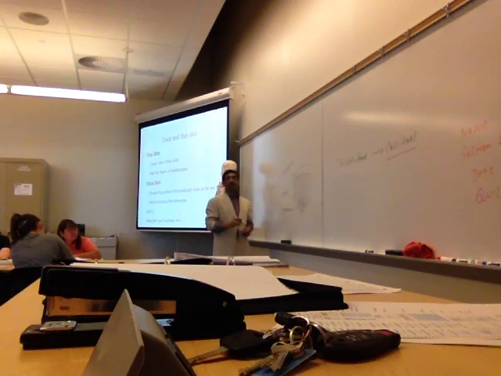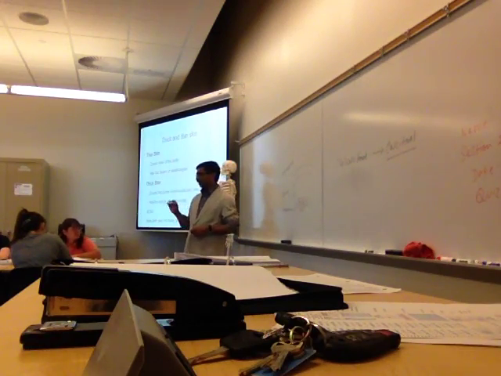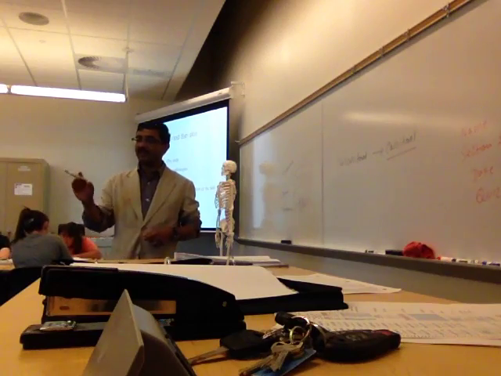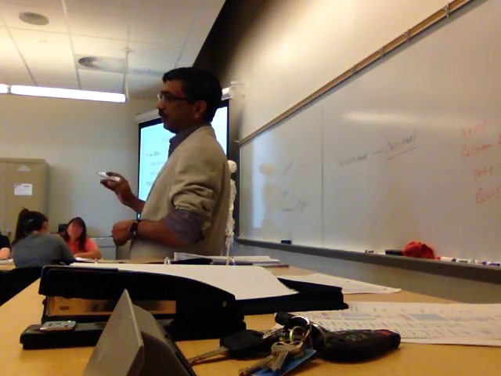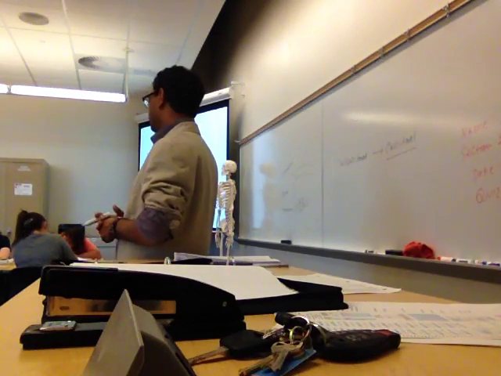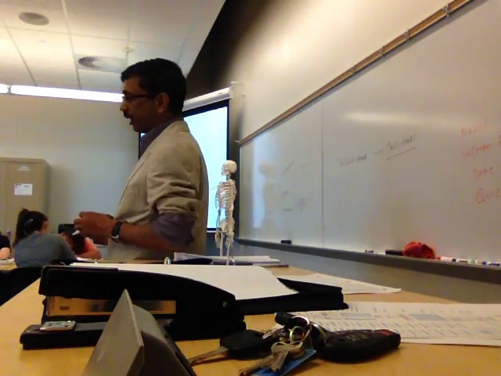Now, remember that hypodermis is not a layer of the skin. It is below the skin. So we don't consider hypodermis as a layer of the skin. If I ask you, skin has how many layers? Epidermis and dermis. The outer layer is the epidermis, the inner thick layer is the dermis. Hypodermis is not a layer of the skin.